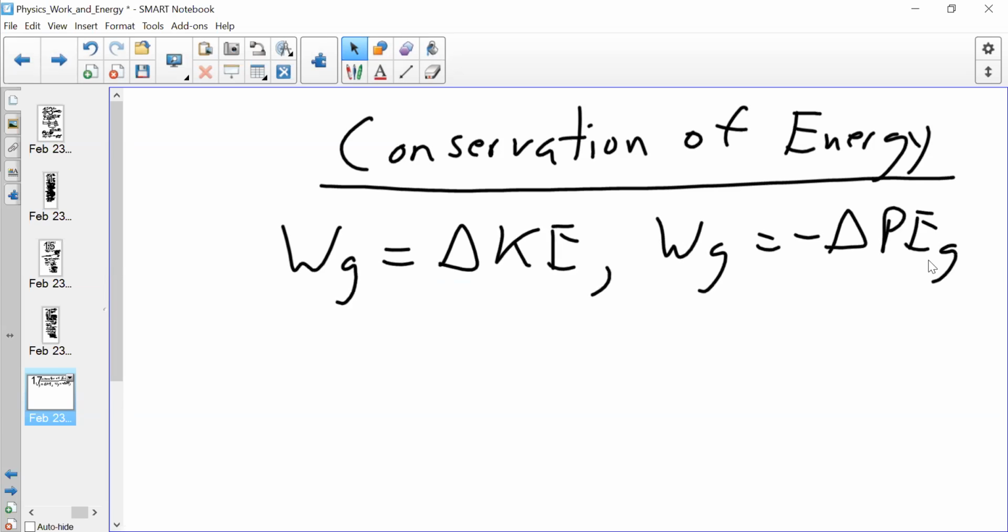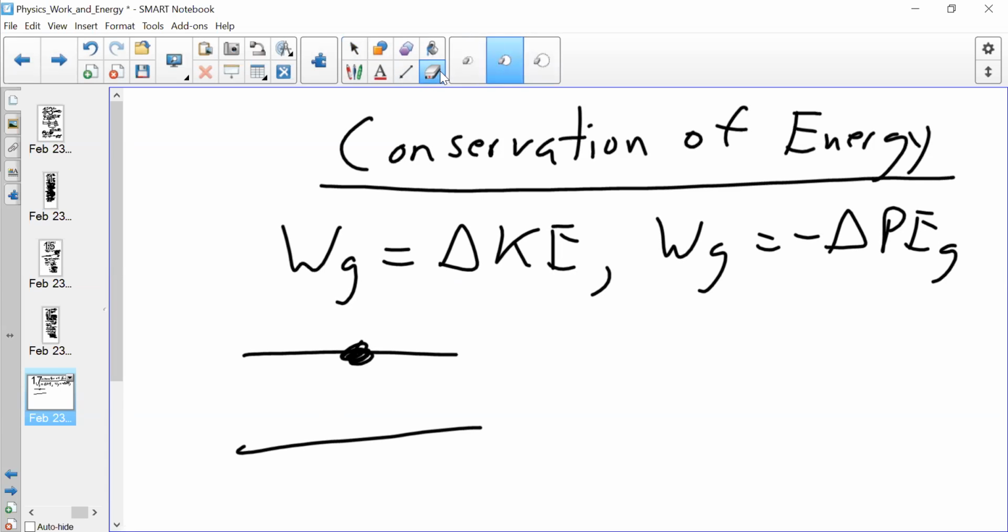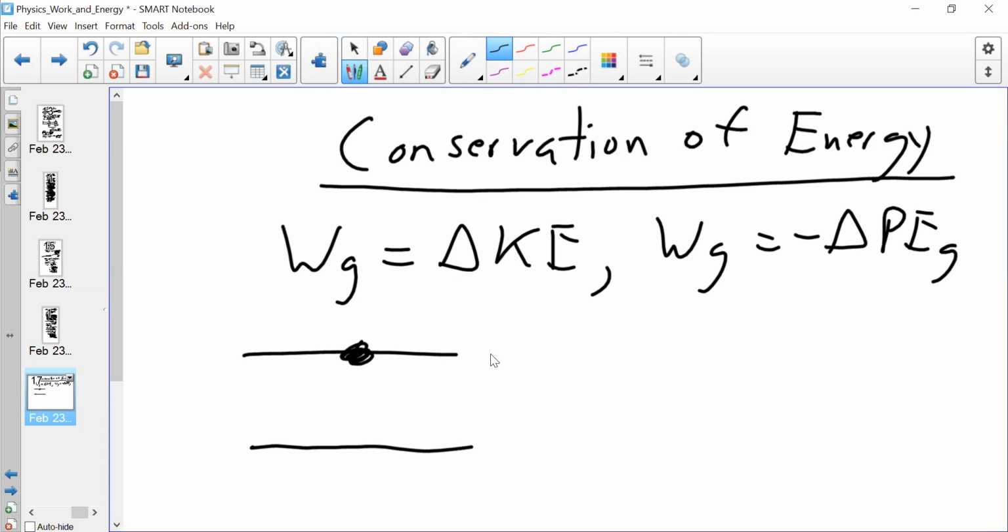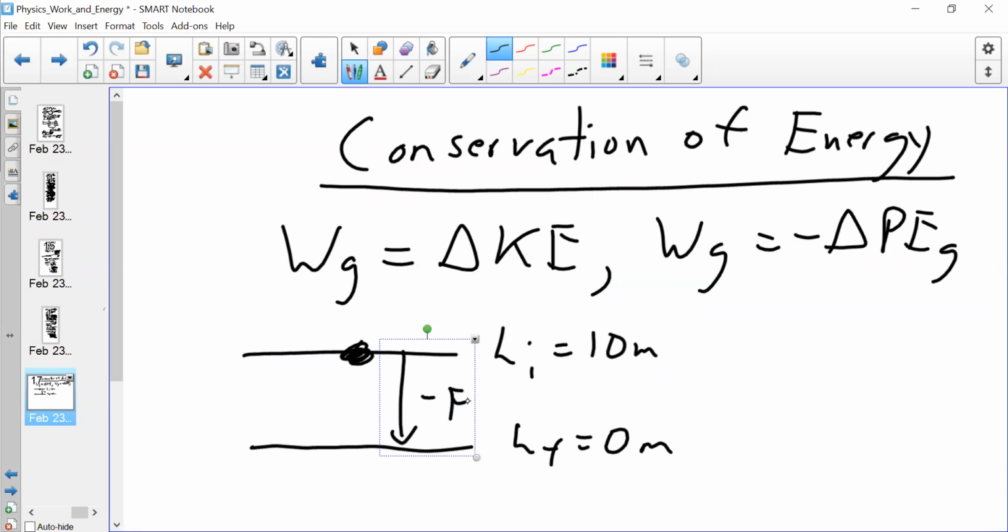of gravitational potential energy. In other words, if we have an object in the air and we let it fall, let's say that this initial position is 10 meters and the final position is 0, we understand that the force of gravity is downward, and the distance traveled is also downward.